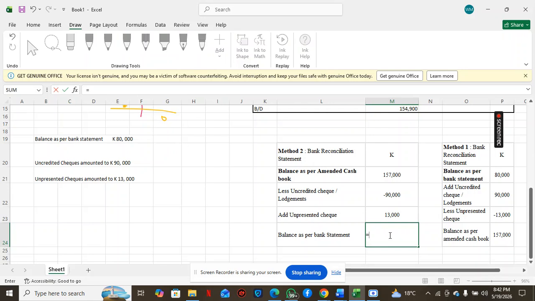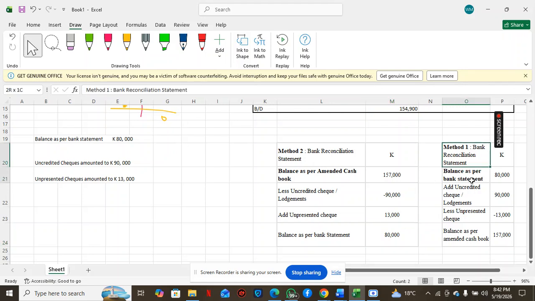So here, 157,000 minus 90,000 plus 13,000 gets you back to the balance of the bank statement. So these are the two methods of the bank reconciliation statement.